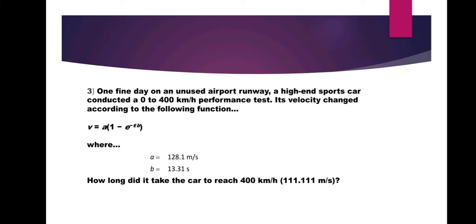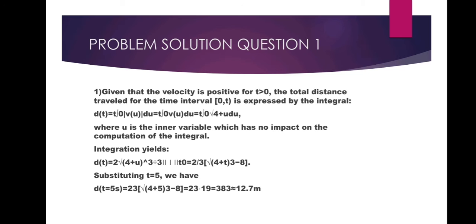How long did it take the car to reach 400 km per hour? That is 111.111 miles per second.